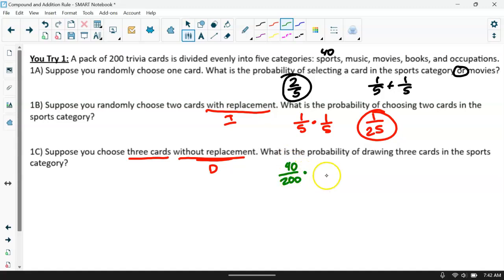But then what is the probability of getting the second sports card? 39, right? Because remember, without replacement, out of 199. Then times, what is the probability of getting a third sports category card? 38 out of 198. That is how you set this up and multiply to get your probability here.